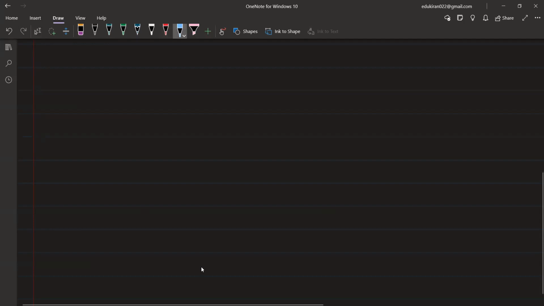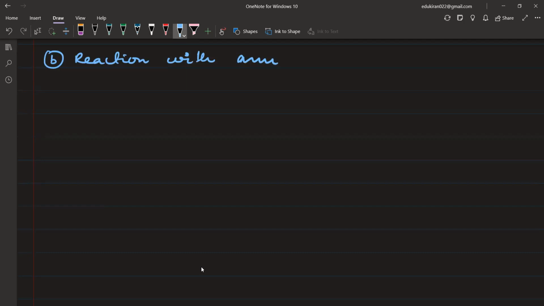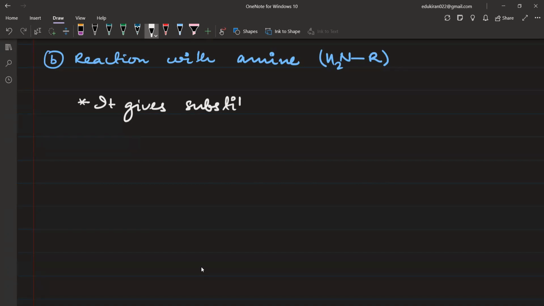Right, next, reaction with amine. Amine is if you have NH2, this N is now bonded with some alkyl group R. So please write the generic reaction. First of all, write it gives substituted amine.